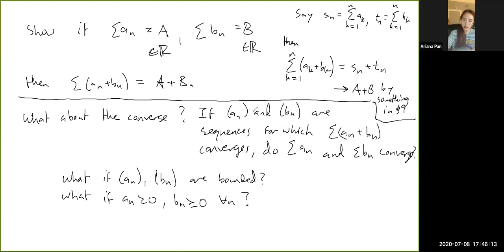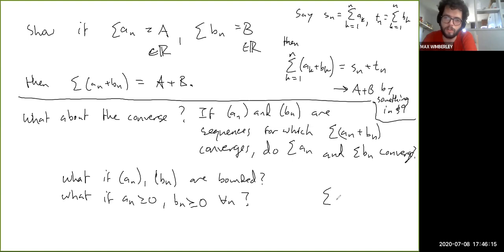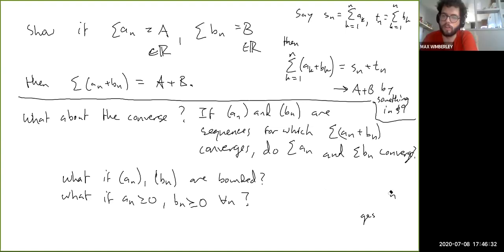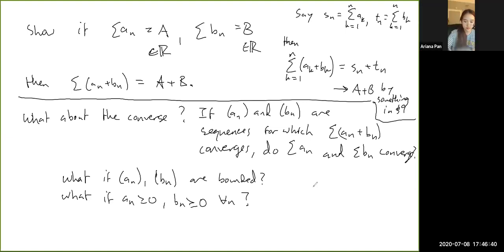I don't think so, because the series of sine of n plus cosine of n, I don't think converges. I think this diverges. Like -1 to the n plus -1 to the n plus 1 or something. Yeah, you can just do a really simple thing where An and Bn are negatives of each other.